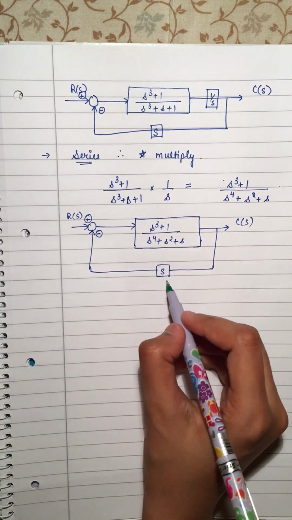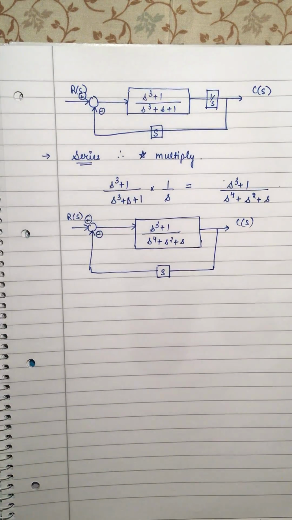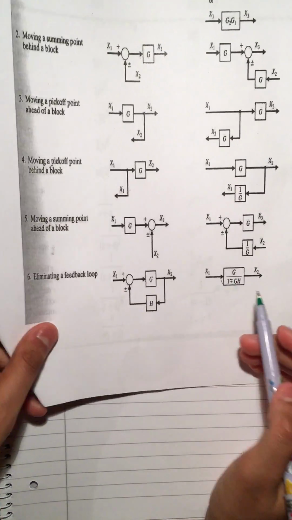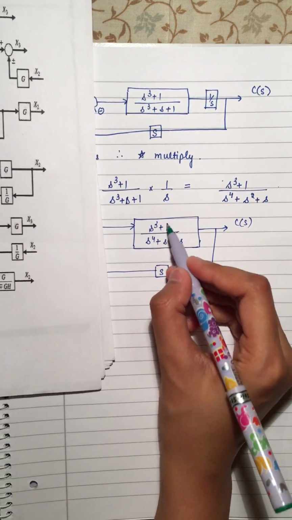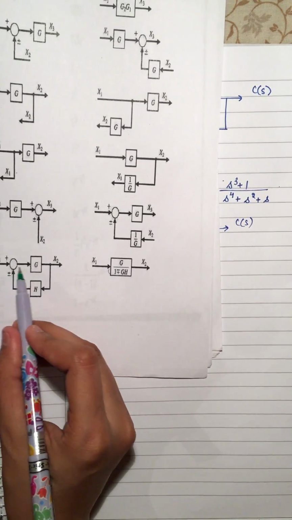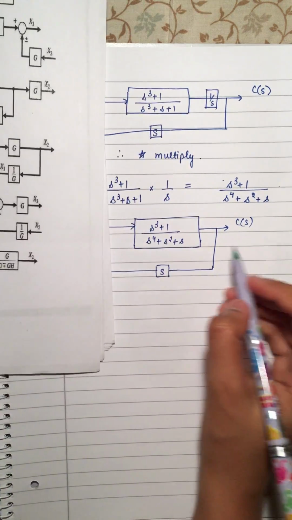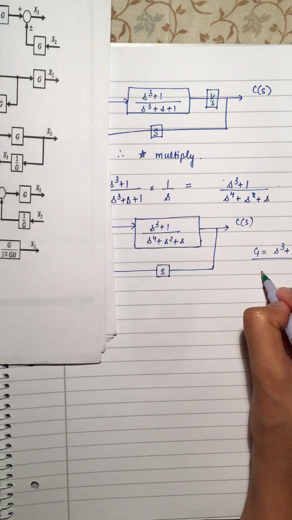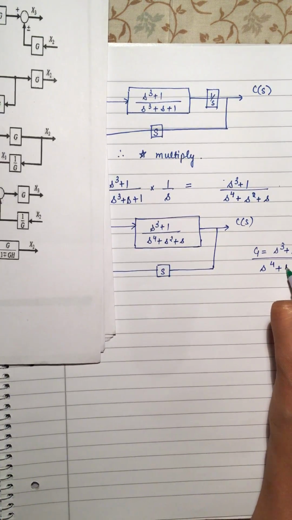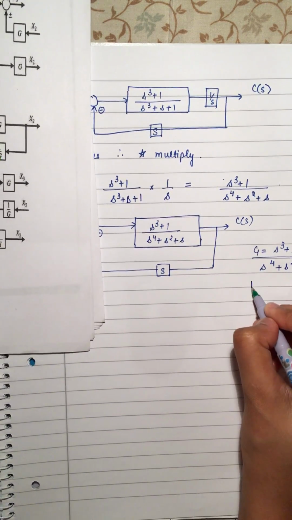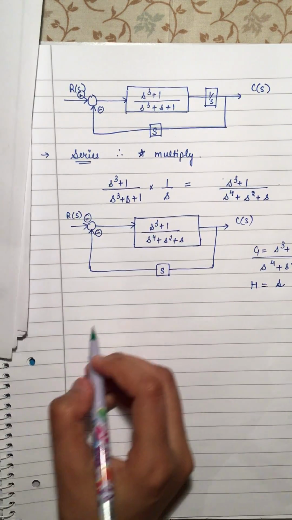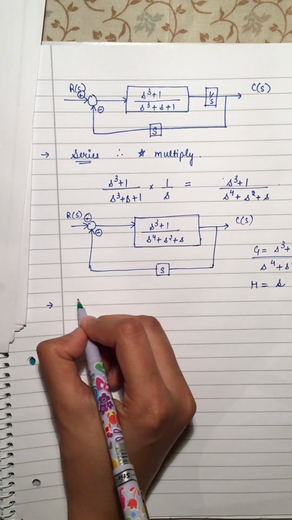Now this one again we have to use our sixth rule. This one, eliminate a feedback loop again. Now here our G is this because it's in the forward loop. So our G here is s cube plus 1 over s to the power 4 plus s square plus s, and our H is s. Now again apply the rule.